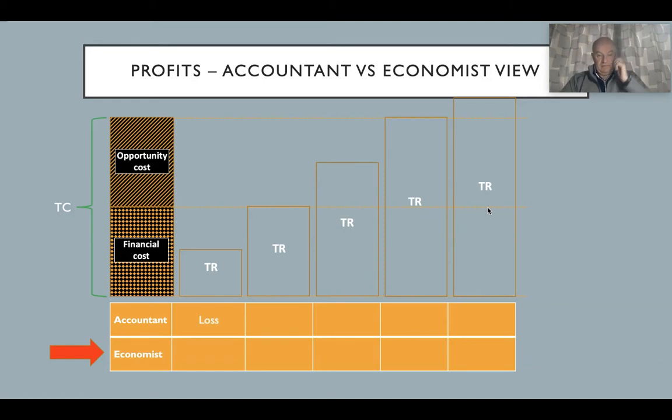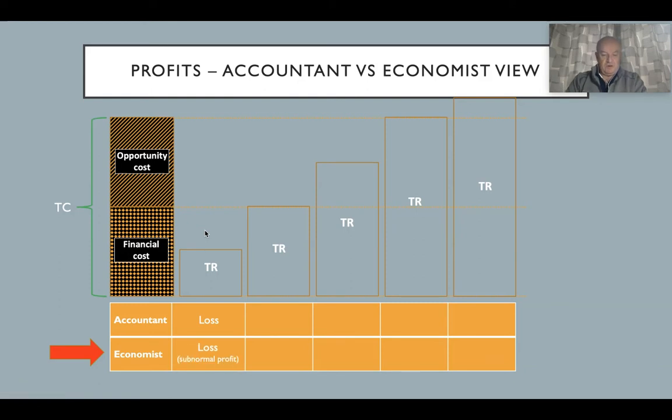In this scenario, we have a situation where our financial cost, as highlighted here, is at this level, and our total revenue is at a significantly lesser amount. In that situation, if we were an accountant, because our financial cost is higher than our total revenue, we would be making a loss.